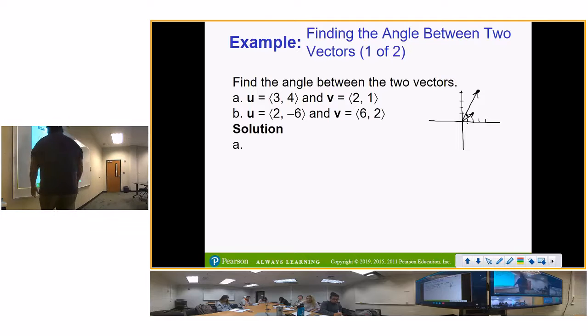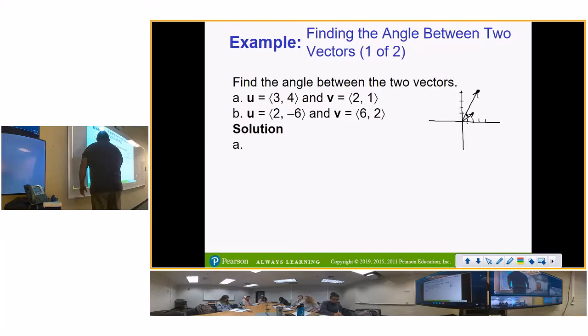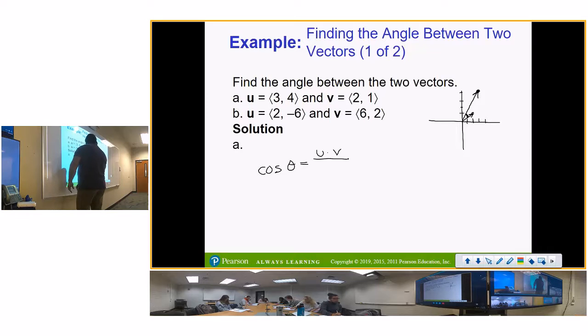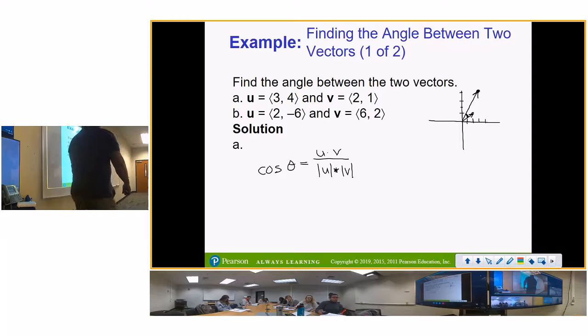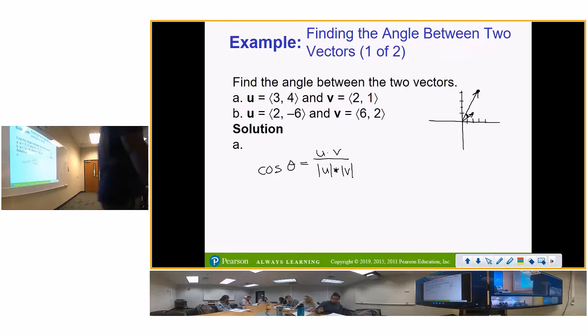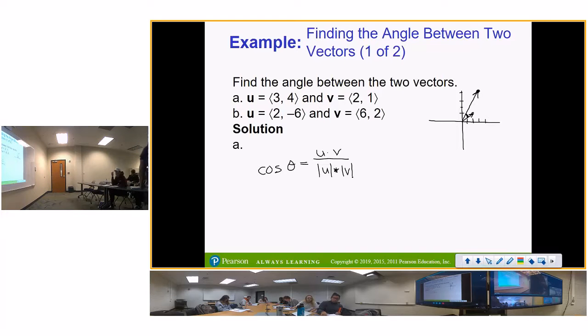So we're going to do u dot v, the cosine of theta is equal to u dot v over the magnitude of u times the magnitude of v. So I want you to go ahead and do u dot v. U dot v is going to be 6 plus what? 4, which is 10. So already you got 10 in the numerator.